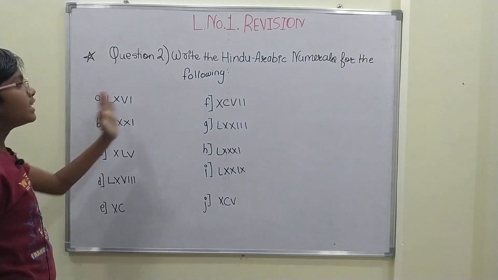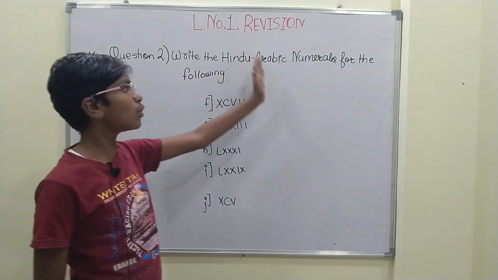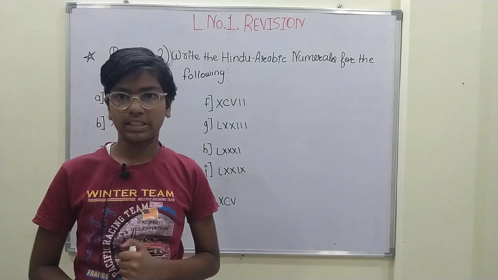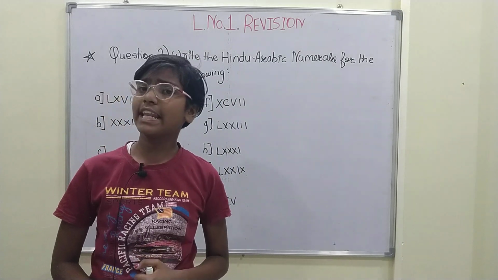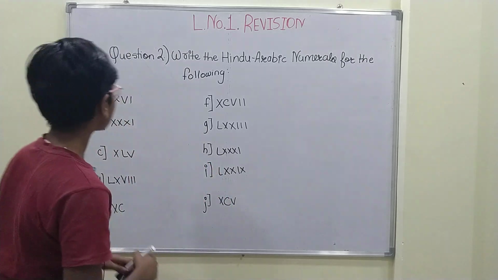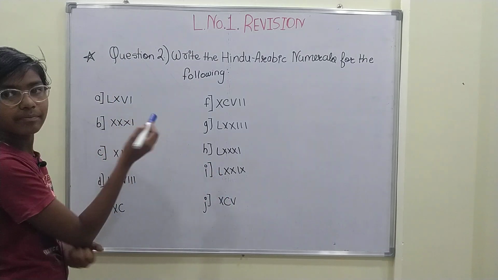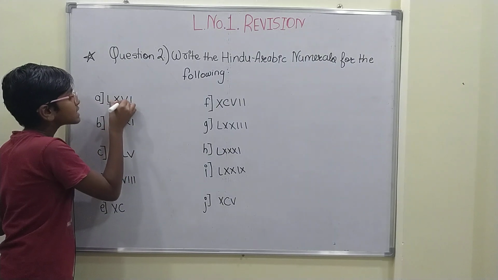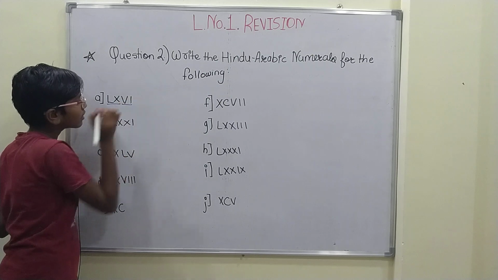Now, here we have to write the Hindu-Arabic numerals for the following Roman numerals. So, how will I write it? It's very easy. LXVI. Here I know the values. LX and VI.